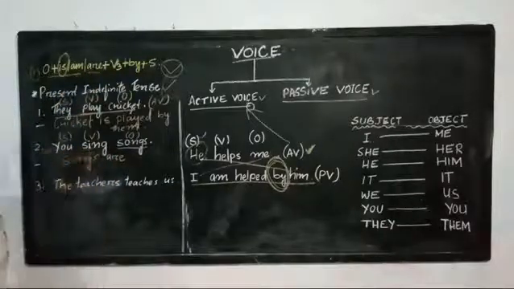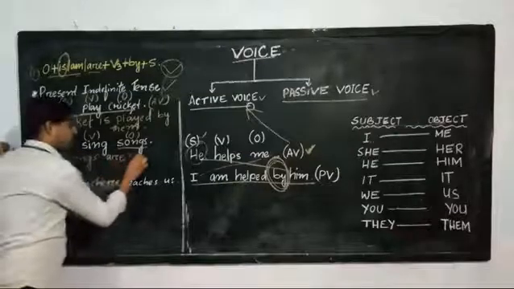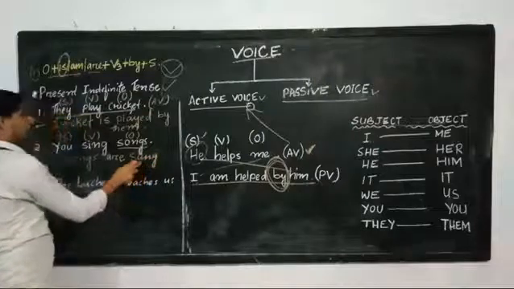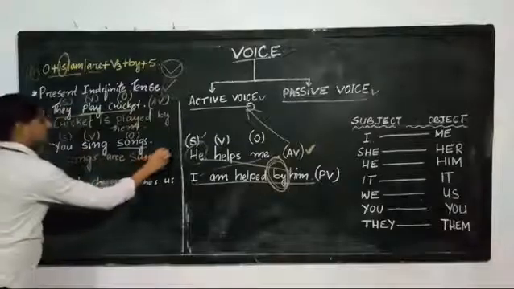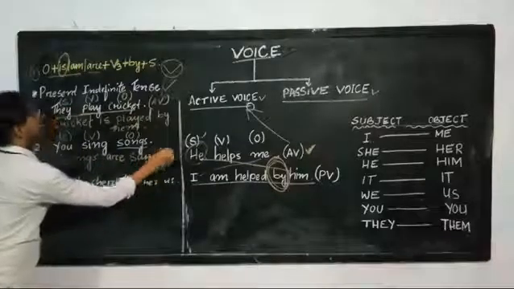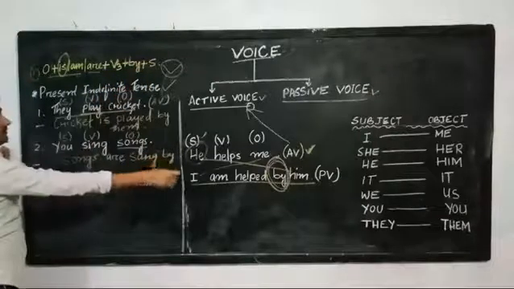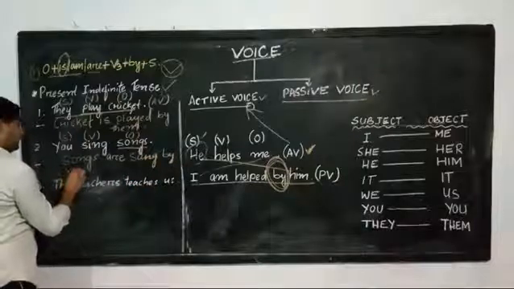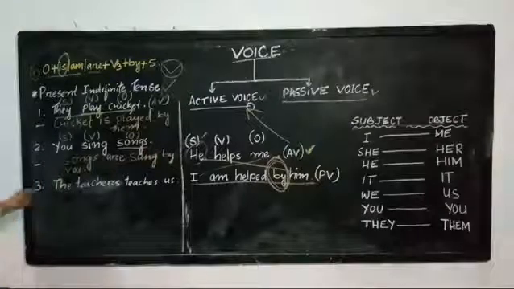Sing is the verb. Sing will become sung. Sung is the third form of sing. Songs are sung. Then what is there? By, plus the subject. What is the subject? You will remain the same. By you. Clear?